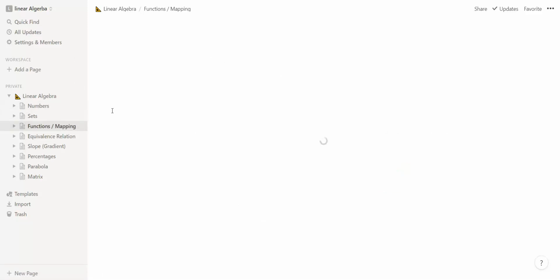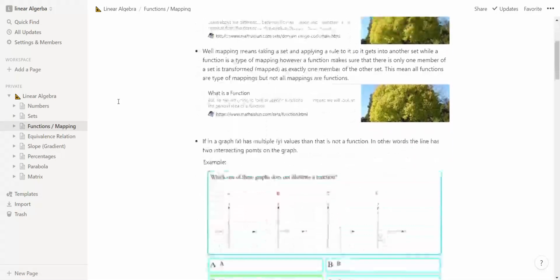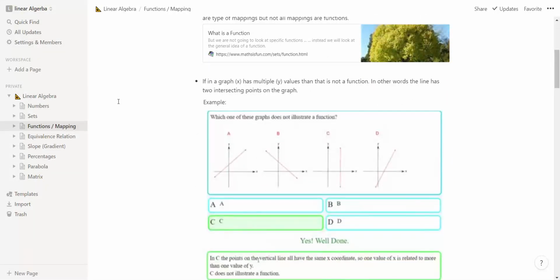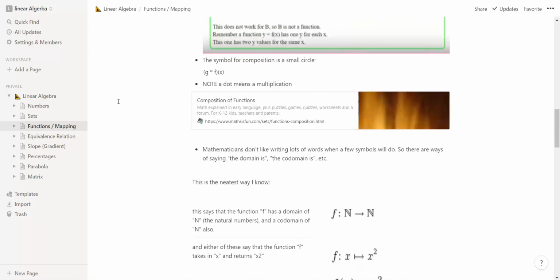And then you have functions and mapping. Now we have dependent and independent variables, x and y.